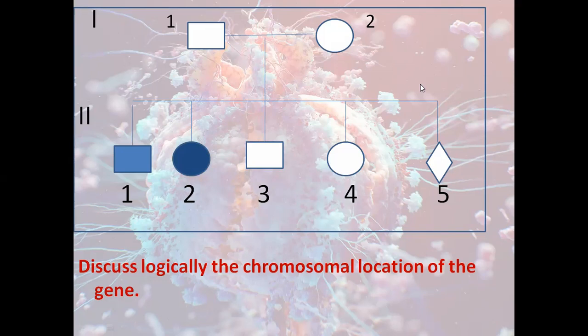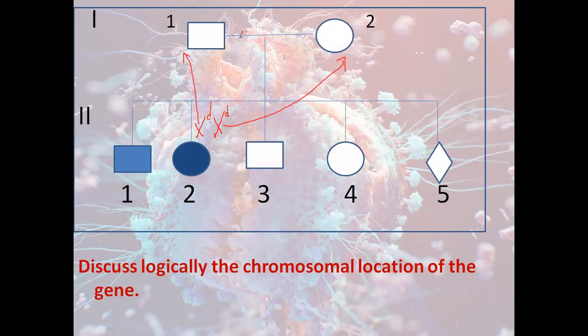Let's deny it on the X. If it's on the X, this female has XD and XD. It's found on the X. So this female should inherit XD from the mother, and XD from the father.